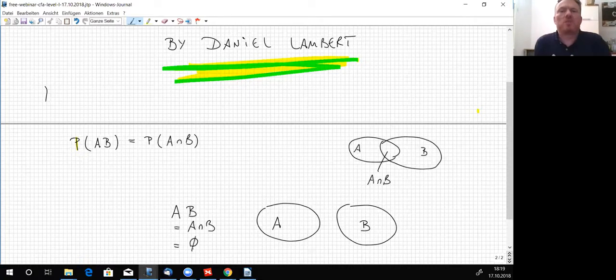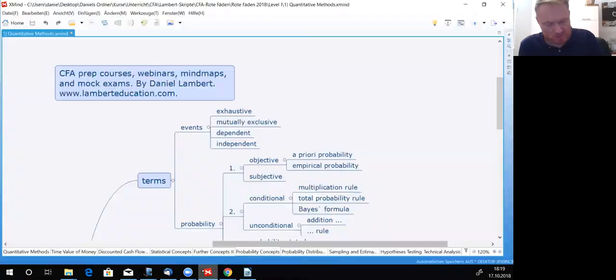So that means that A and B are disjoint. They cannot happen together, at the same time, meaning that there is no such thing as B and A happening at the same time. Mutually exclusive.